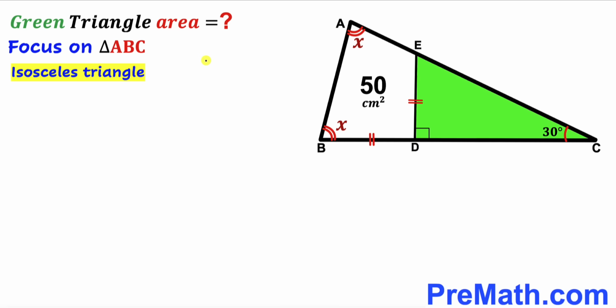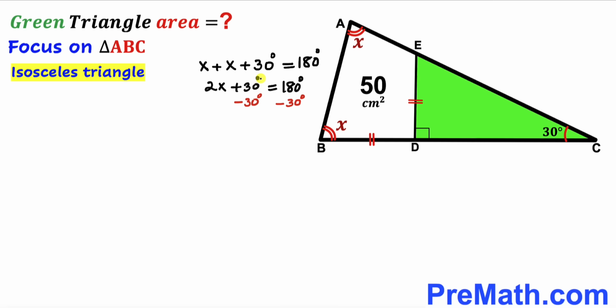So we could write this angle X plus this other angle X plus 30 degrees must equal 180 degrees. Let's combine the like terms: 2x plus 30 degrees equals 180 degrees.